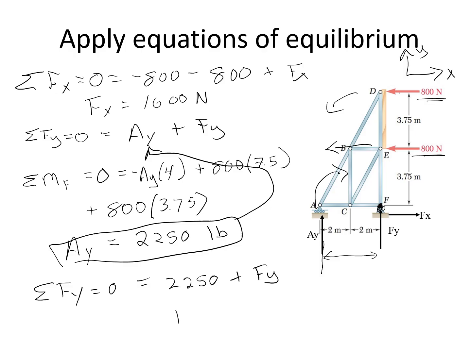And so we learn then that Fy is equal to negative 2,250. And this is newtons, sorry, this should be newtons, not pounds. And so we know that this one we drew in the wrong direction, and it should actually go down.